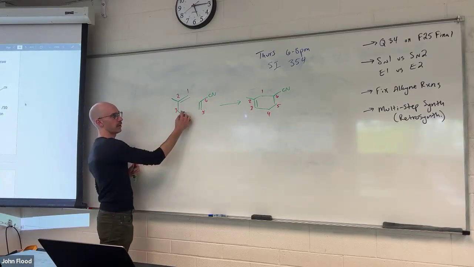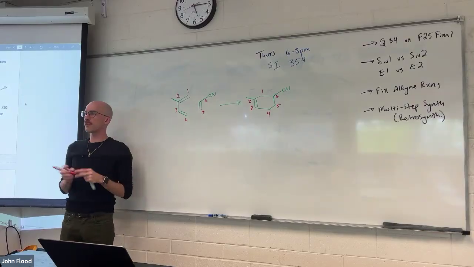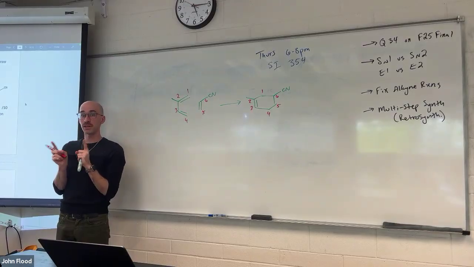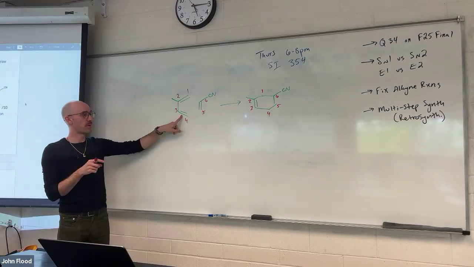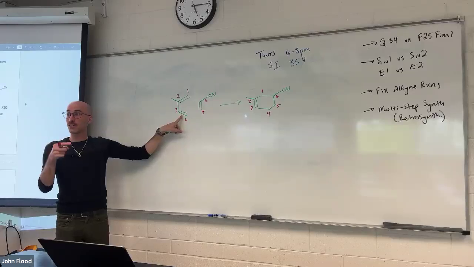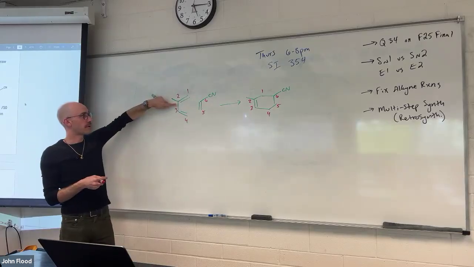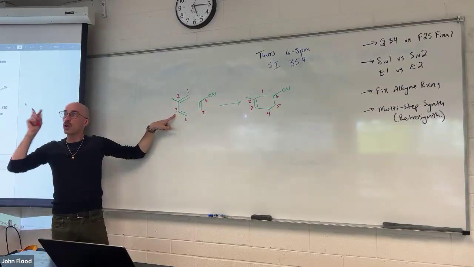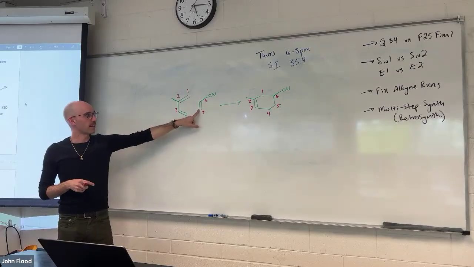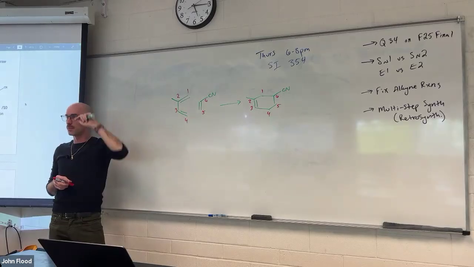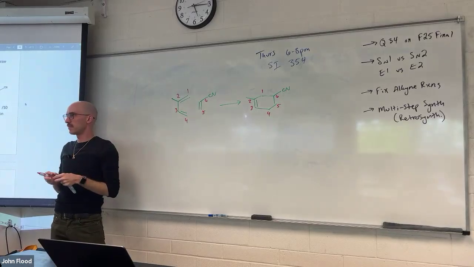So for the 3 to 4 bond breaks, remember that electrons held between two atoms can be broken, but they're retained by one of those two atoms. So when the 3 to 4 bond breaks, I can either show it forming the 2 to 3 pi bond, which would mean carbon 3 gets to keep them, or I can show it forming the 4 to 5 sigma bond, because then 4 is keeping them.